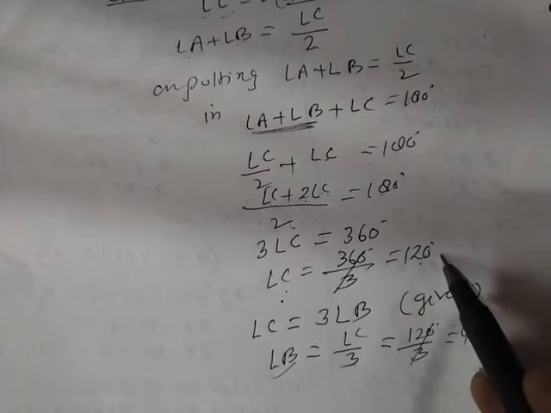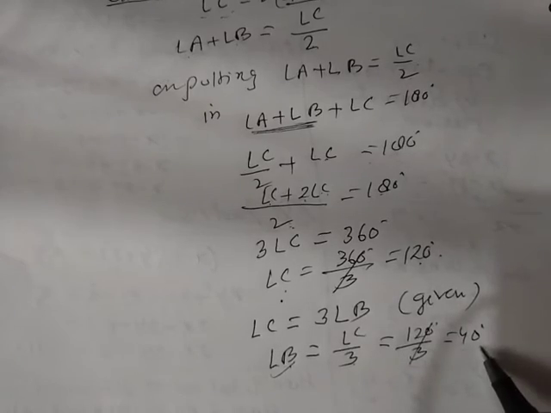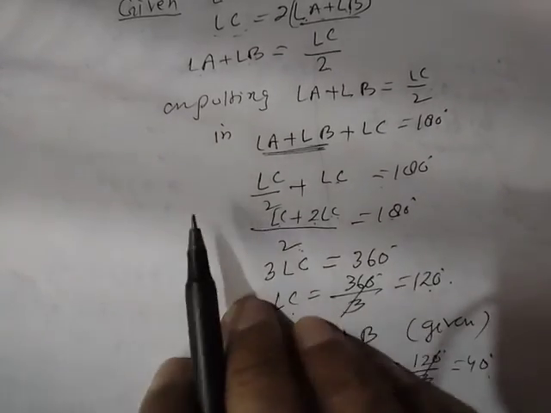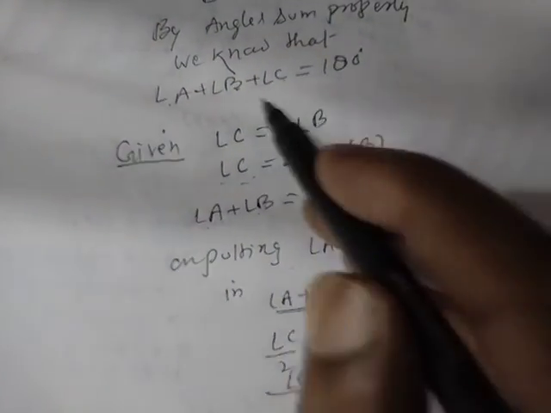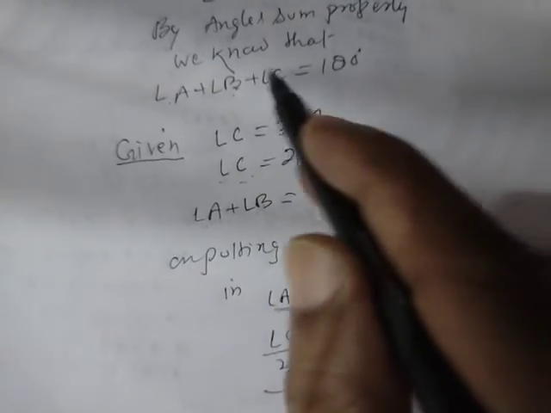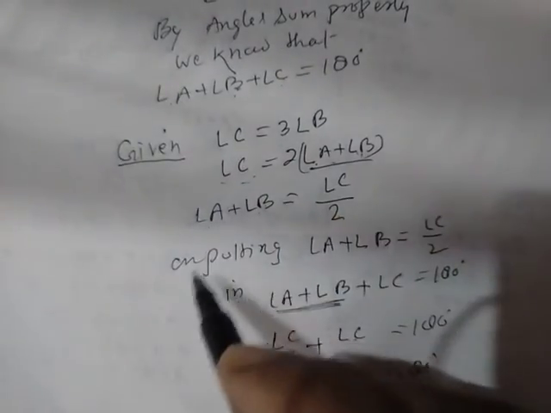Angle C is equal to 120 degrees, angle B is equal to 40 degrees. Now you put the values of angle B and angle C here, and you find angle A.